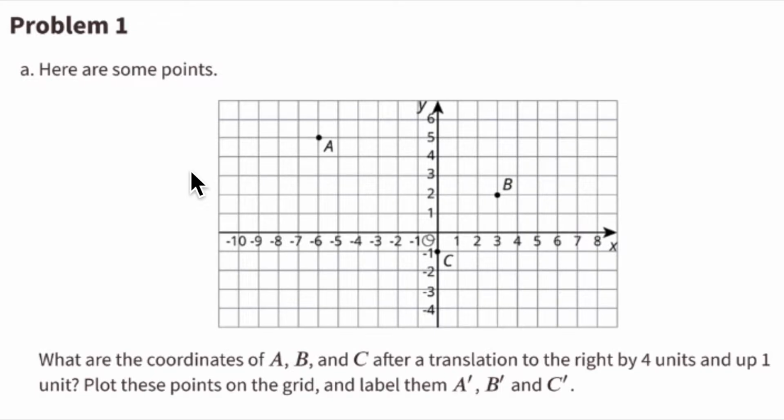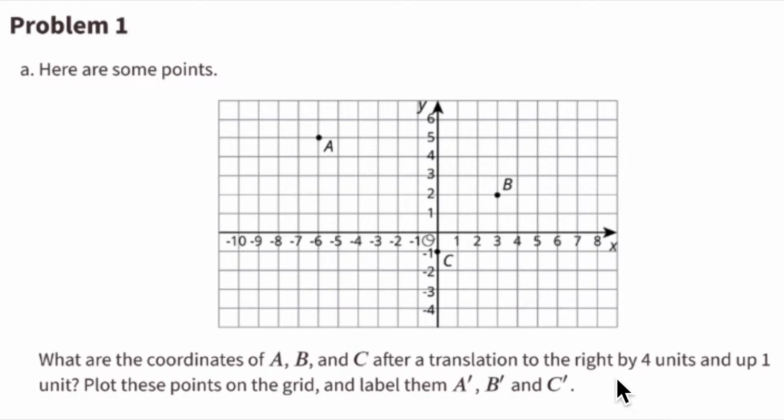It's just a movement of that image, either by translating, which is part A, reflecting, which is part B, or rotating, which is part C. And in this case, for A, you're going to translate coordinates A, B, and C, which means to move them straight across the grid.